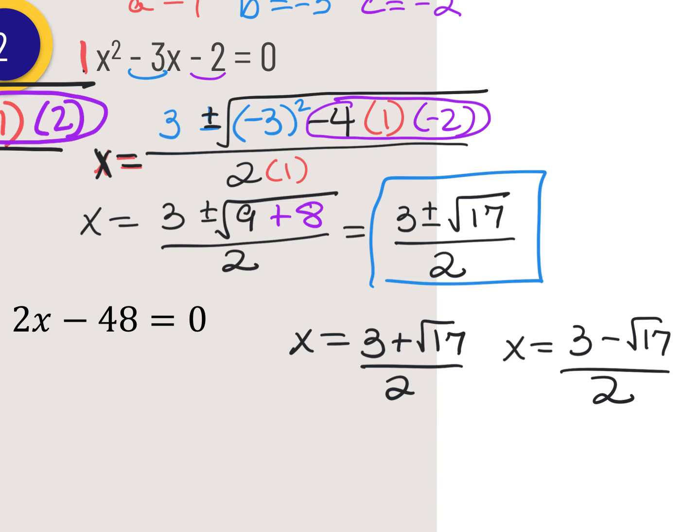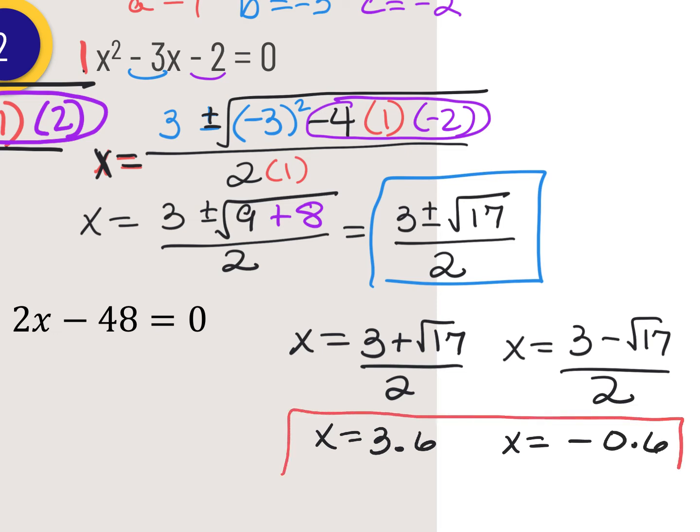You're going to pull out your calculator. You're going to do 3 plus the square root of 17, and then get that answer and divide it by 2. Once you do that, X is equal to 3.6. Over here, once you subtract it, it's -0.6. So these are going to be the two answers that you would have entered in for the homework tonight.